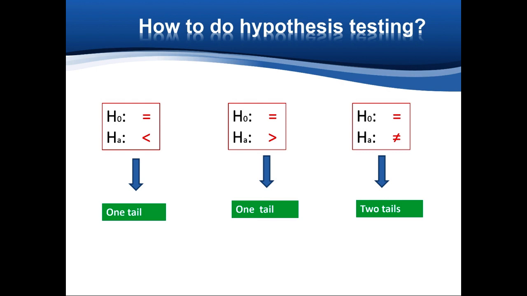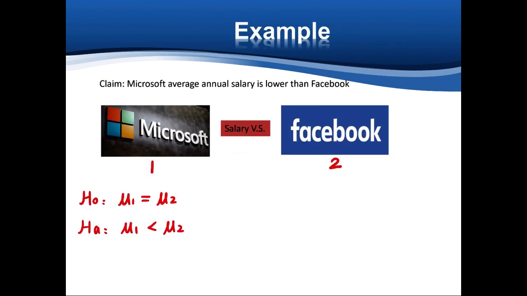Now let's see some claim examples. One claim is that Microsoft's average annual salary is lower than Facebook. Usually, we consider the first mentioned as 1 and the second mentioned as 2. So here, Microsoft is 1 and Facebook is 2. So mu1 is less than mu2 in HA, which is the claim.